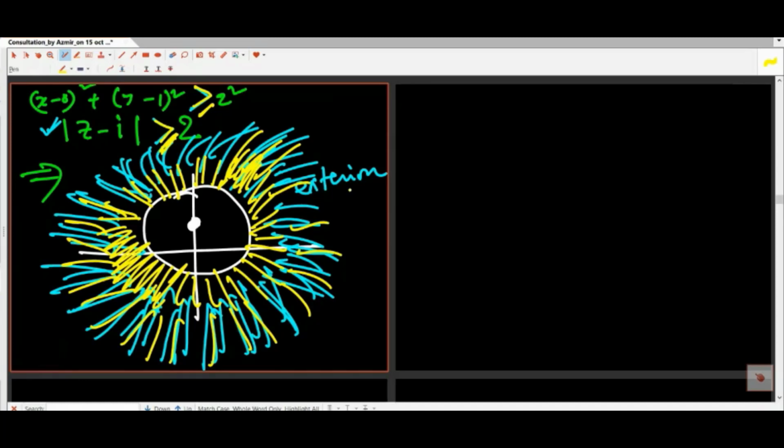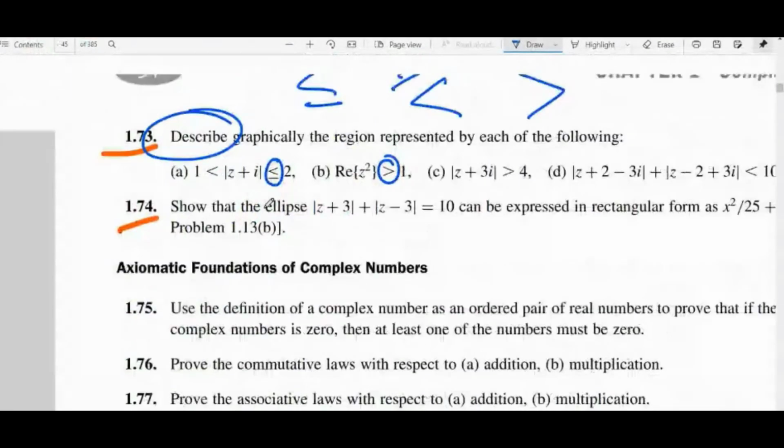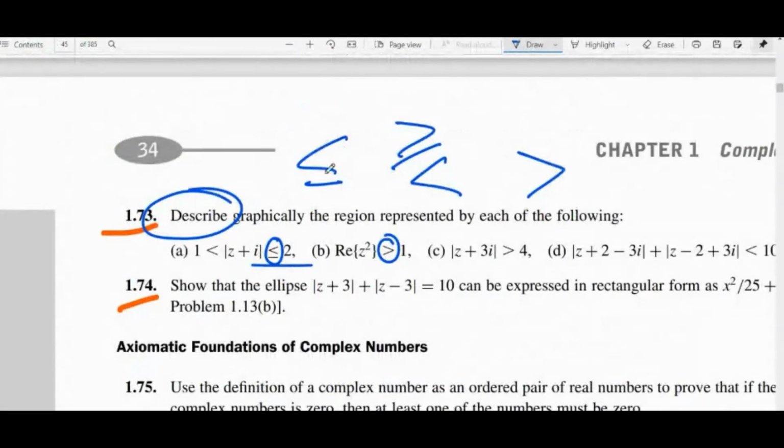Okay, so greater than or equal means exterior and on the boundary. So this is how we can deal with this type of inequalities. Less than, greater than, these are called inequalities.